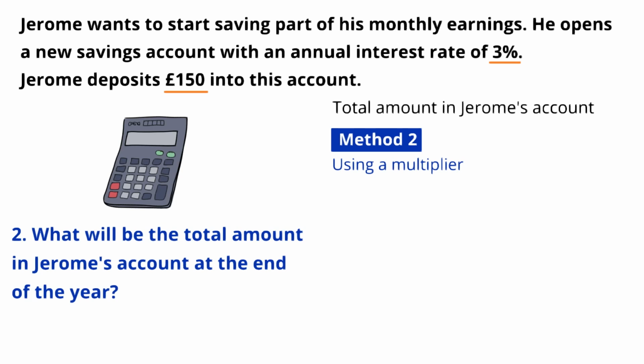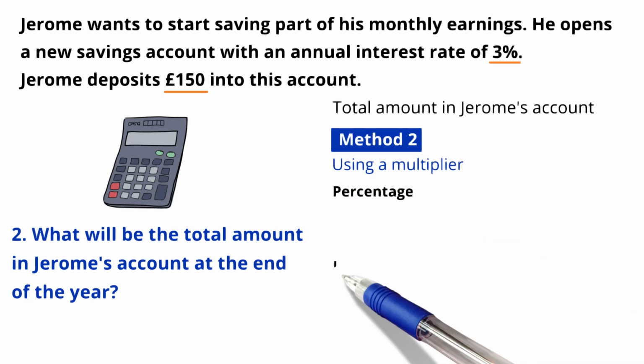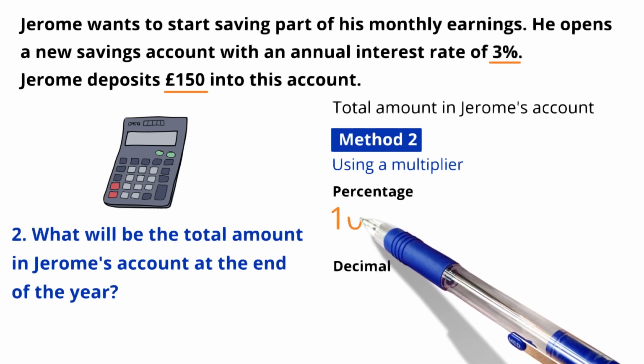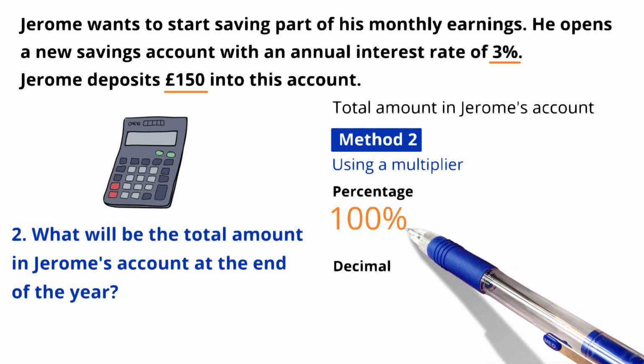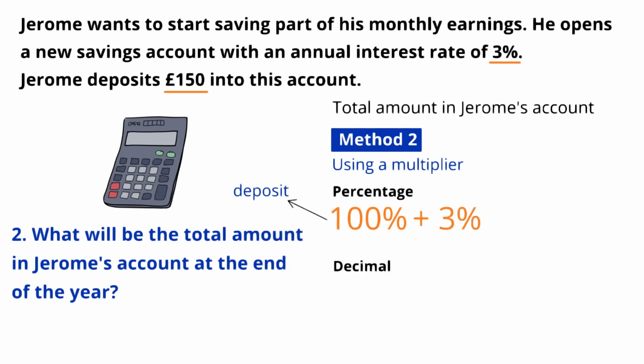To do this, we need to find the new percentage of money in the account and convert this into a decimal. So we have 100%, which is Jerome's initial deposit, plus the 3% interest earned, which equals 103%, meaning he has 103% of his original deposit at the end of the year.